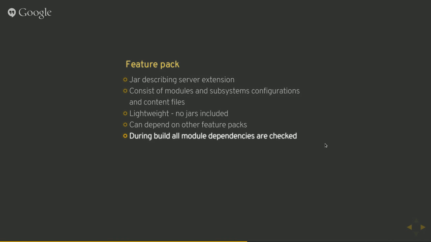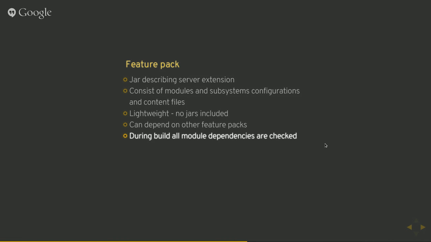Let's look at the Wildfly Web example that I was talking about a moment ago. It is built using Wildfly-core. It depends on Wildfly-core. So it means that some modules from web feature pack would have dependency on modules from Wildfly-core.